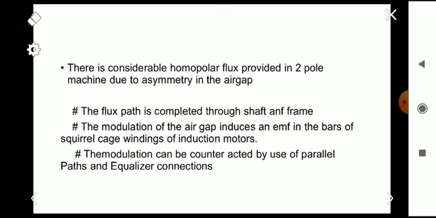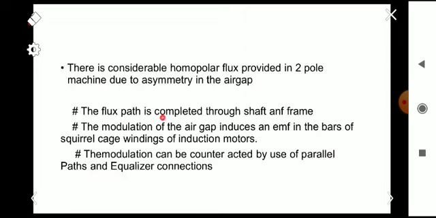The next thing we have to consider is that there is considerable homopolar flux in a two-pole machine due to asymmetry in the air gap. Normally the flux path is completed through the shaft and frame.